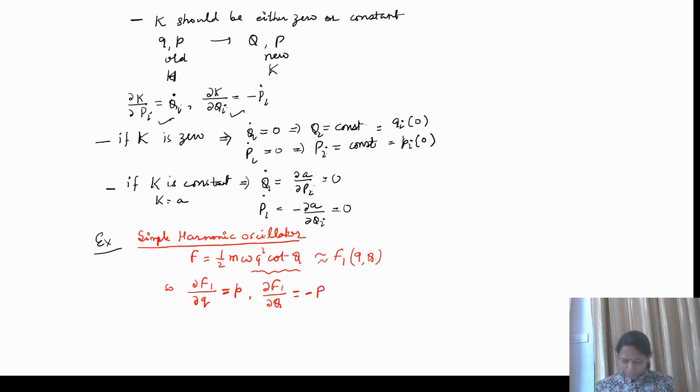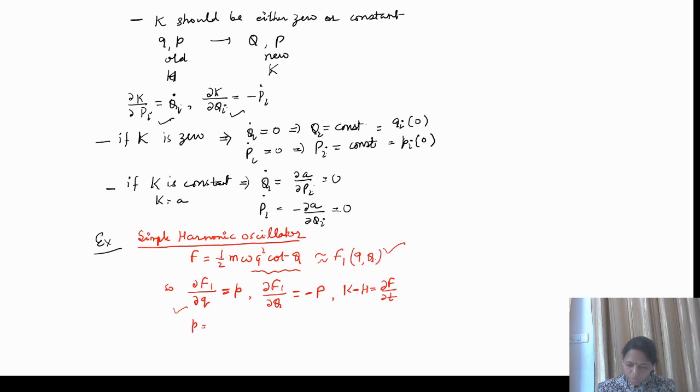Okay. And the third one is that K minus H is equal to delta F by delta t. Now if I calculate this, that means differentiate this equation with respect to small q and then put the expression for K, I am writing it directly.